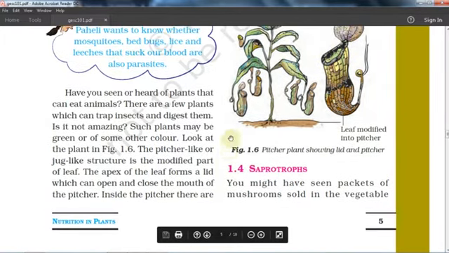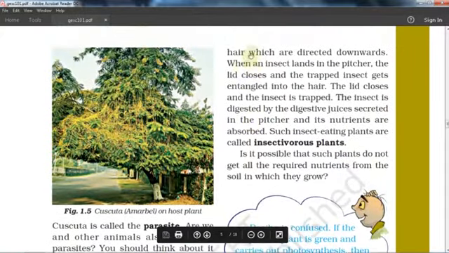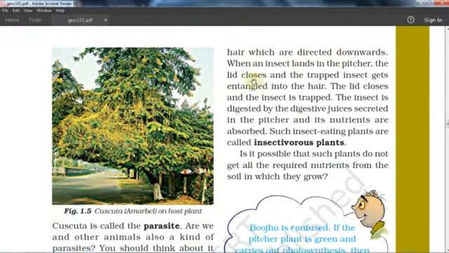Inside the pitcher there are hairs which are directed downwards. So when an insect lands in the pitcher, the lid closes and the trapped insect gets entangled in the hair. That means it is trapped. The insect is digested by the digestive juices secreted in the pitcher, and its nutrients are absorbed.